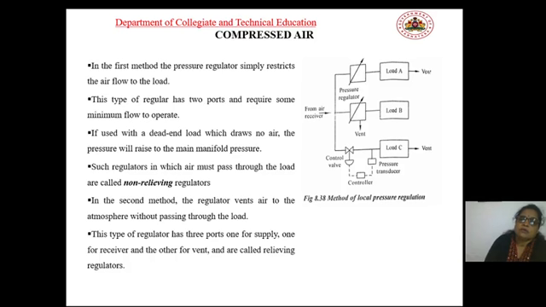It has two ports and requires some minimum flow to operate. If used with a dead-end load which draws no air, the pressure will rise to the main manifold pressure. Such regulators, in which air must pass through the load, are called non-relieving regulators.